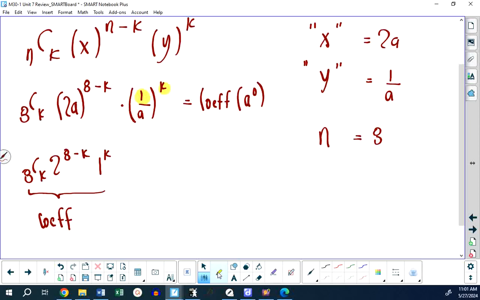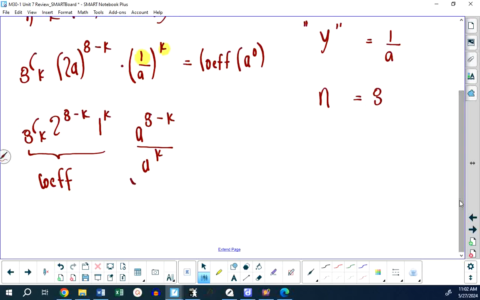But then I'm going to have a to the 8 minus k over a to the k, because 1 over a, quantity to the k, is 1 over a to the k. And this is my variable component. And I love this method.